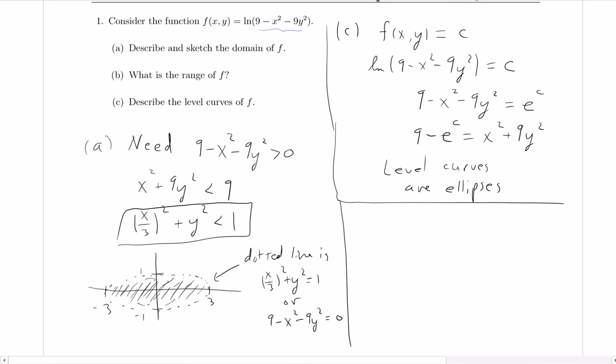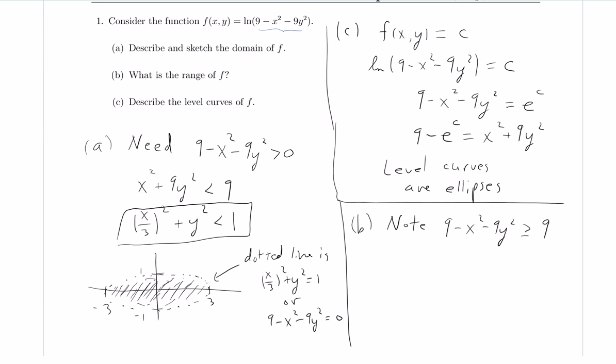Okay. Lastly, let's discuss what the range of the function is. So, let's notice something right away. Again, let's look at the quantity that's in the parentheses inside the logarithm, this 9 minus x squared minus 9y squared. And let's notice right away that there's a maximum value it can take. It's always less than or equal to 9.